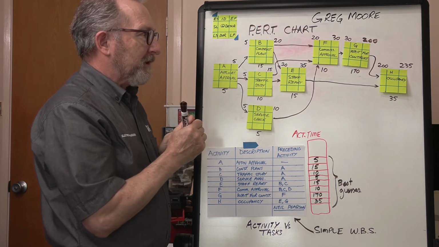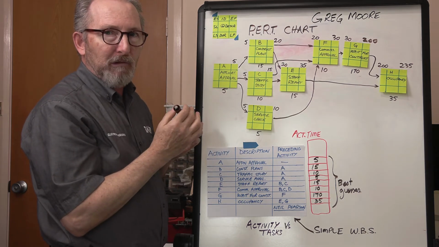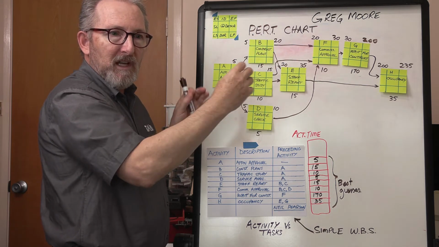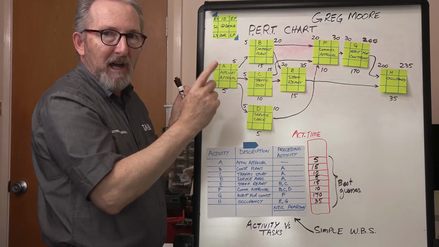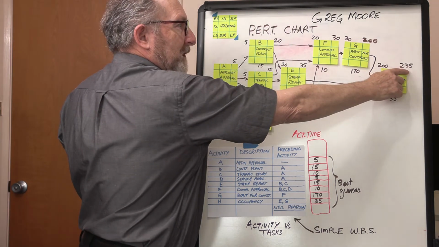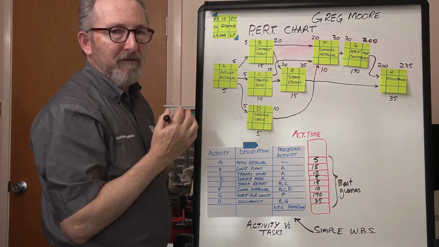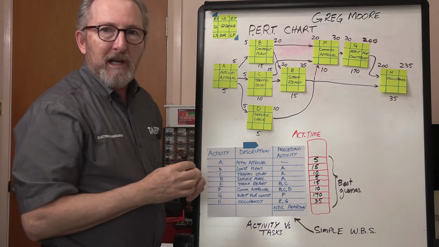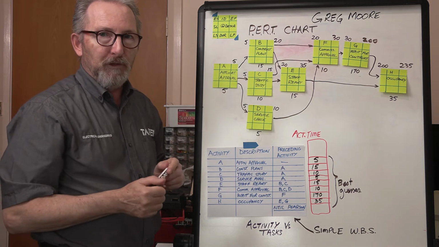And you can probably see already where the critical path is. The critical path is going to be the longest activities, because if they blow out just by 1 day or 1 hour, they stretch the end duration, which is 235. So, alright, change colour pen and then we'll come back and we'll do the backward pass.